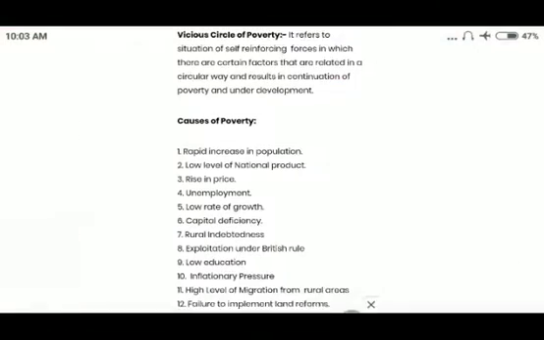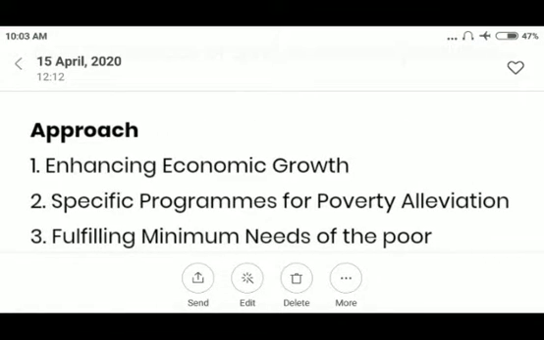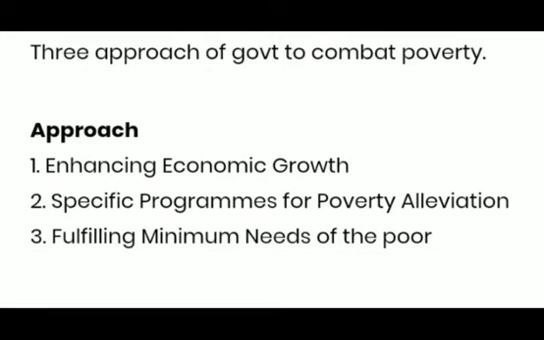It divides the population into two groups, APL and BPL. BPL refers to the below poverty line people who are unable to fulfill their basic minimum needs of existence, and APL refers to the above poverty line people who can somehow manage their basic minimum needs of existence.